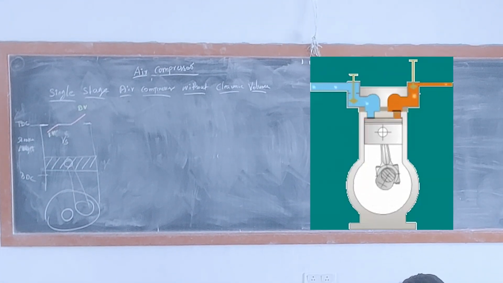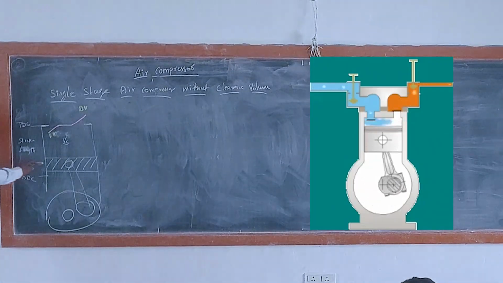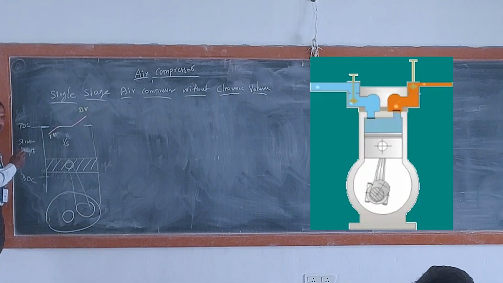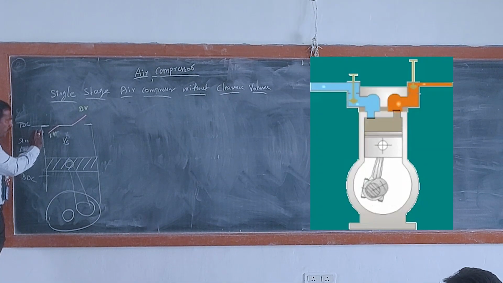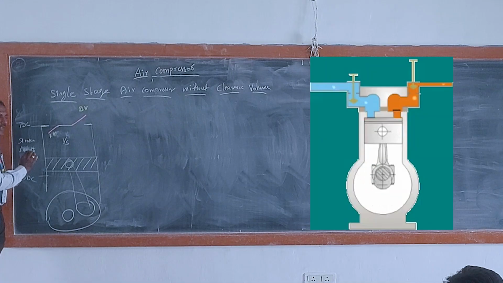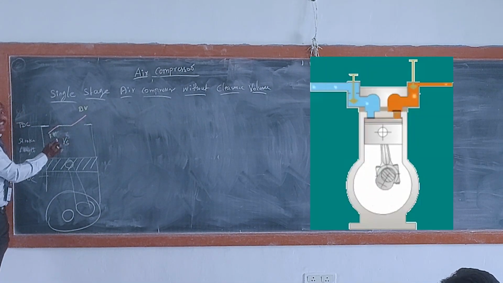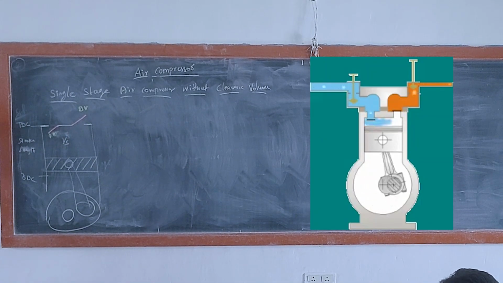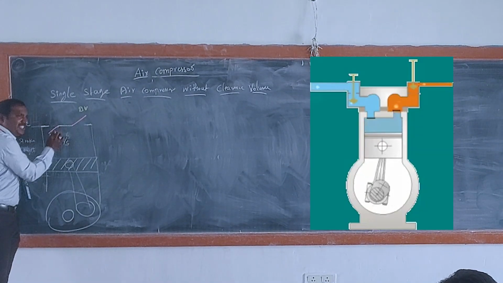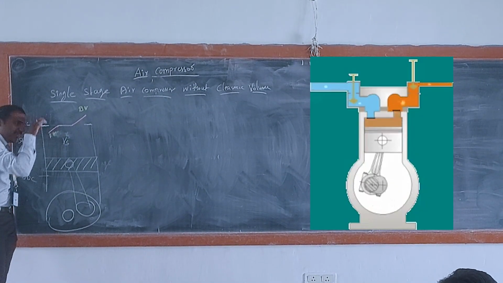Now assume your piston is at TDC. The piston moves from TDC to BDC slowly. So then what will happen? Vacuum will be created inside the cylinder. We discussed, right? Due to vacuum pressure, this inlet valve opens.